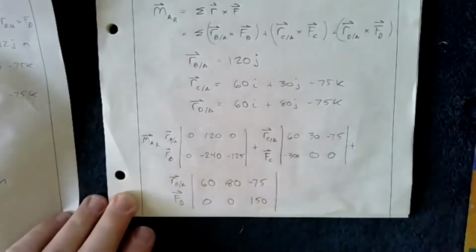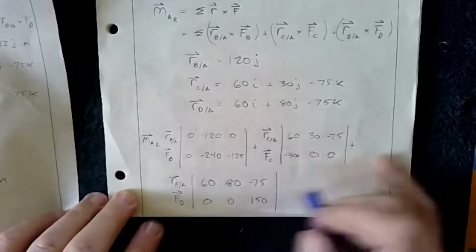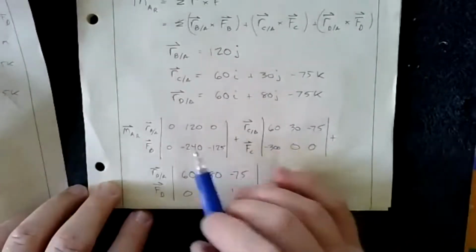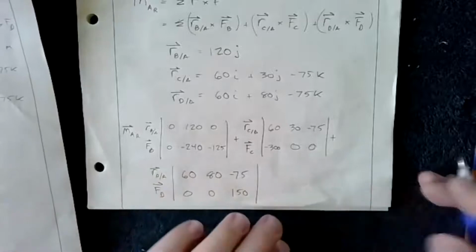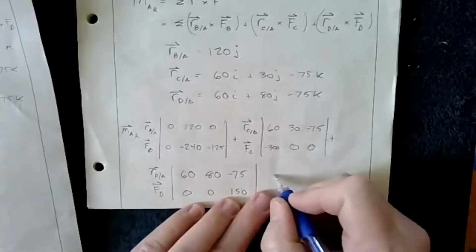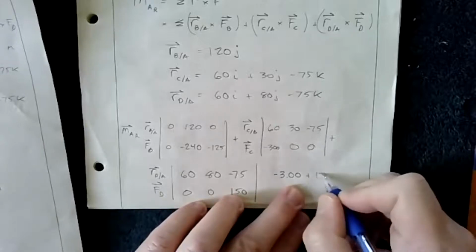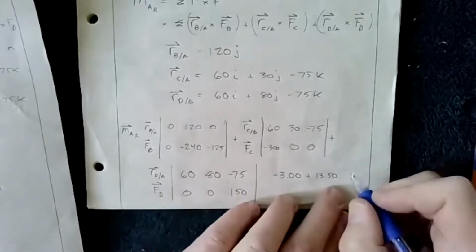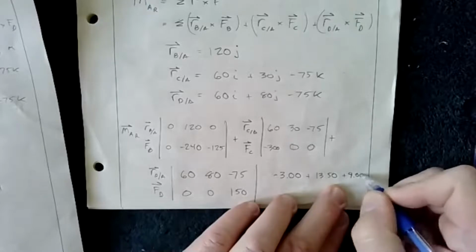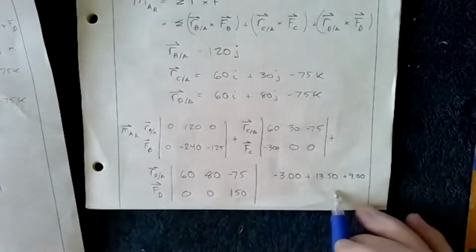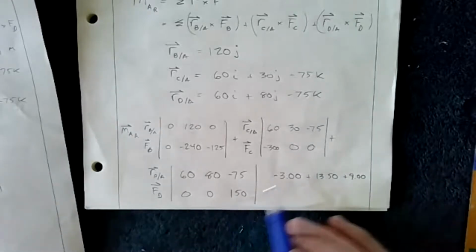All right, so I know you know how to do this. Once we do the crosses and add all the components together, we get negative 3.00 plus 13.50 plus 9.00. And what I've done is convert from millimeters to meters.